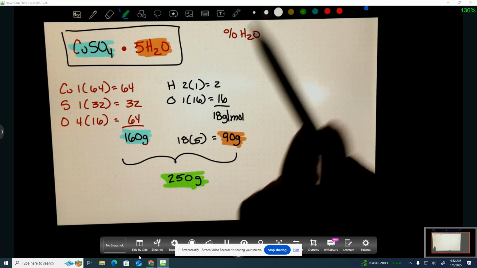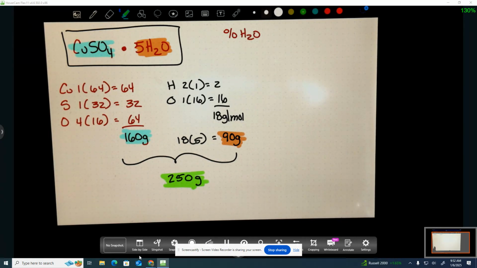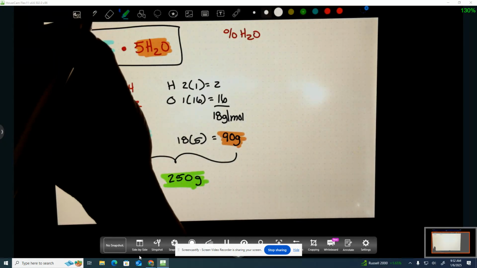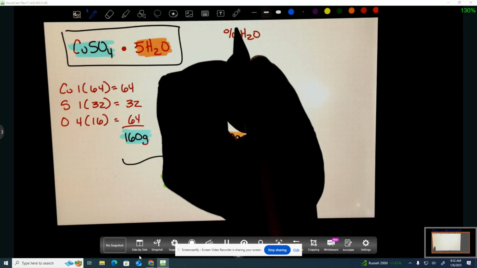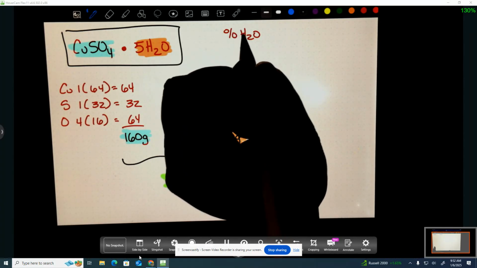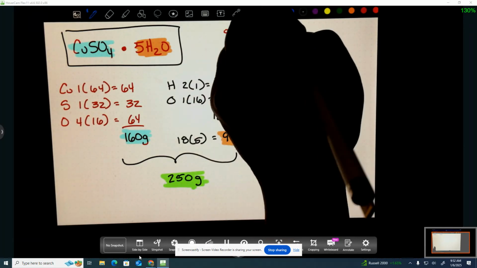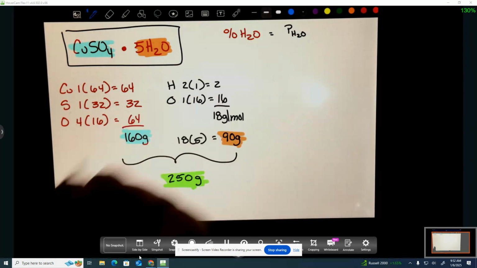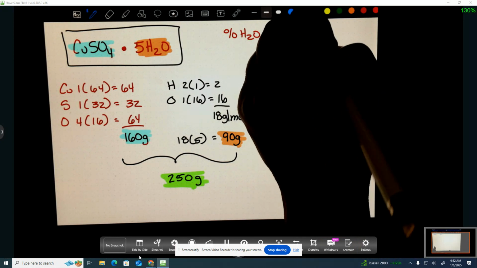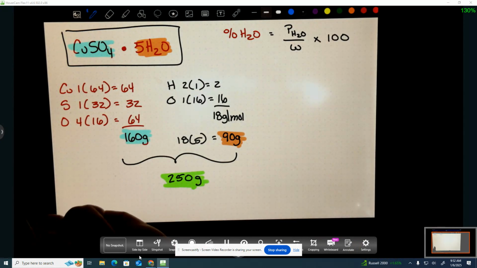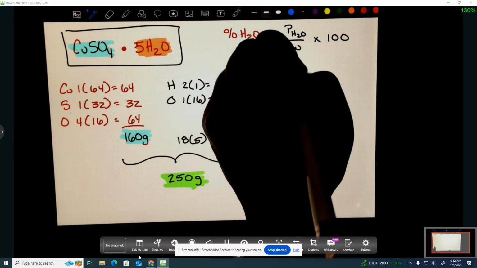Now, what happens if I want to find the percent of water? Let's write the formula down so we make sure we put our numbers in our calculator correctly. The part that is water, over the whole thing times 100. What part was water? 90.